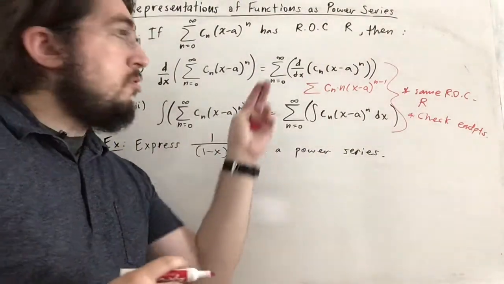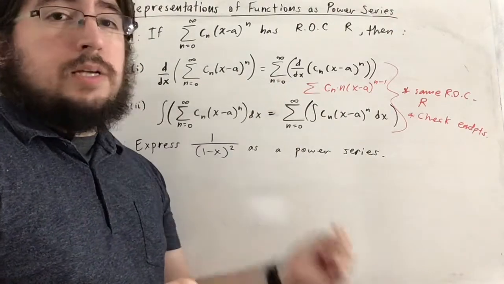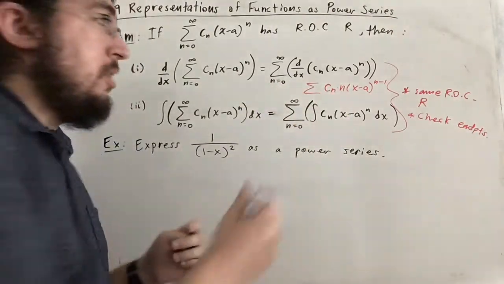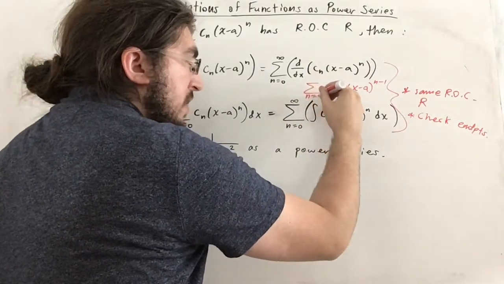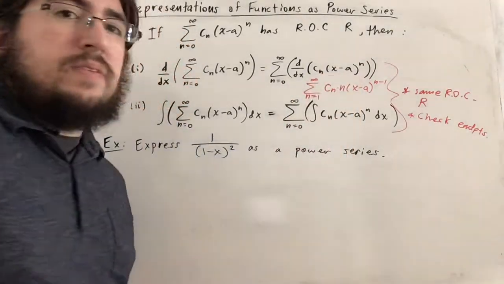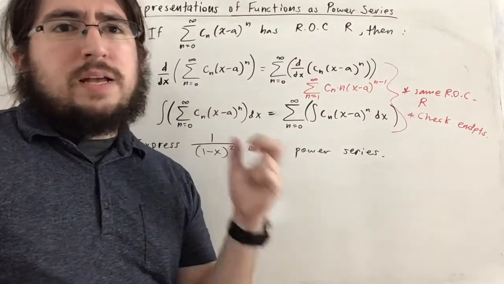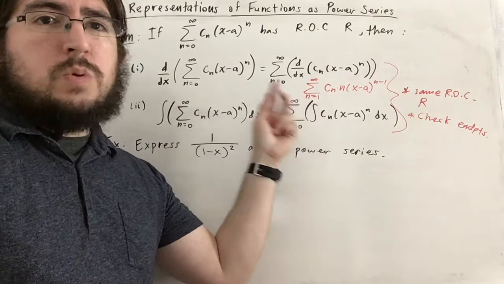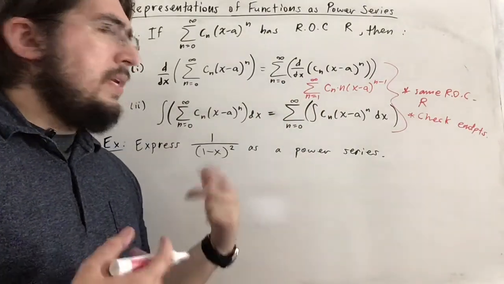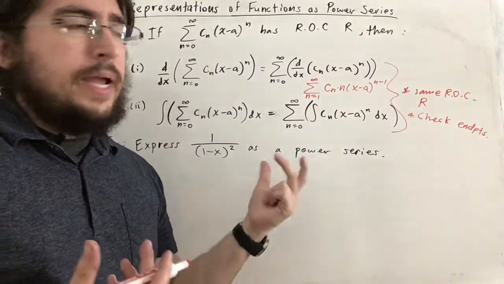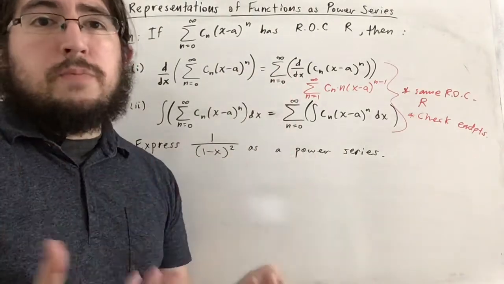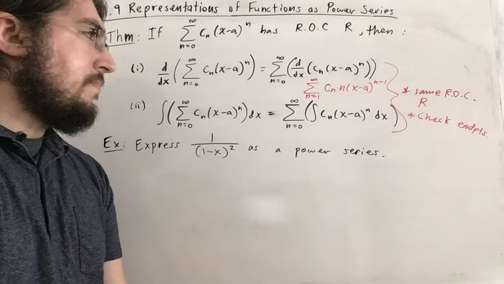But notice, if you start from 0 to infinity and plug in 0, this n that's multiplied makes the whole term 0 when n is 0. So in fact, when you take the derivative, you actually start at 1 instead of 0. If you started at 0, you would just have a 0 term by default. So it's okay if you write n equals 0, but just keep in mind that when you take the derivative, you lose the first term because it's a constant, basically.